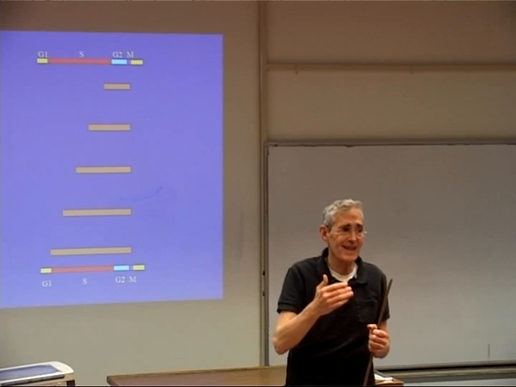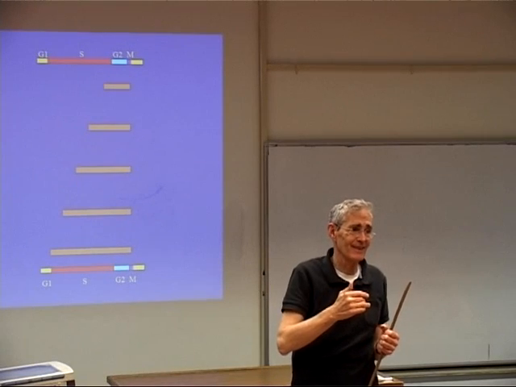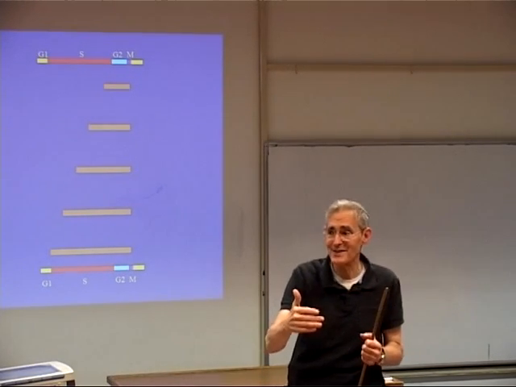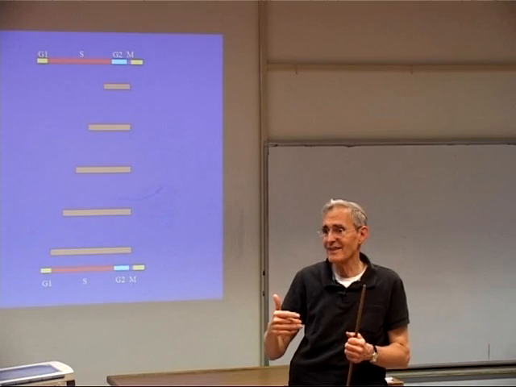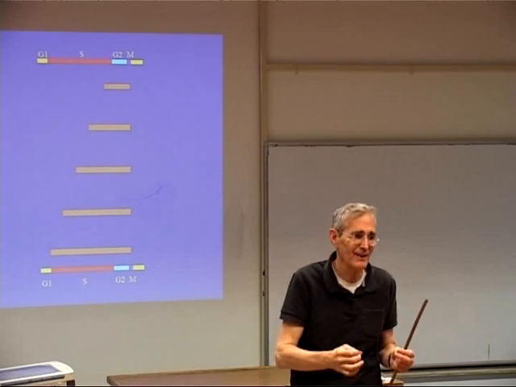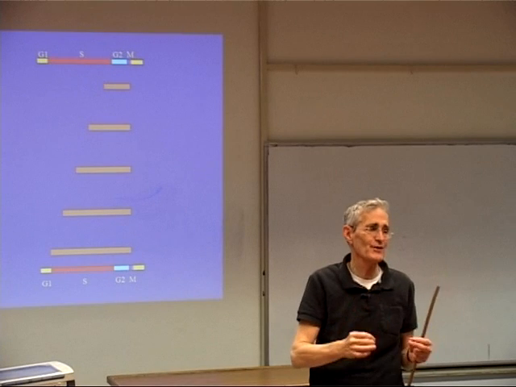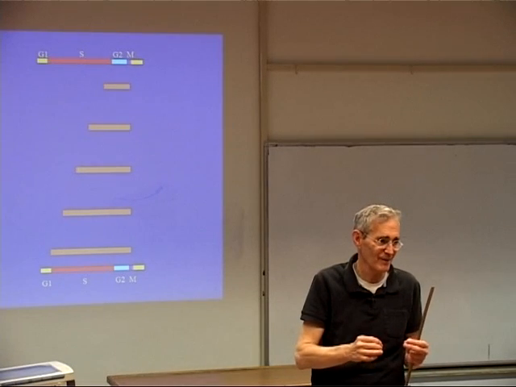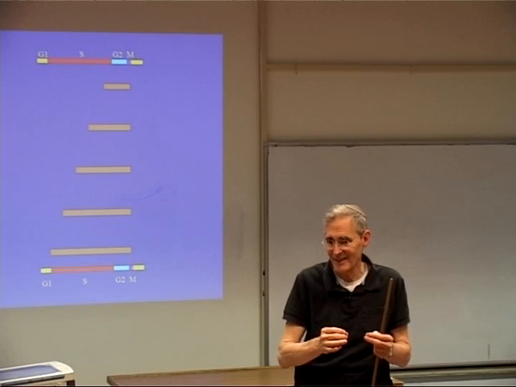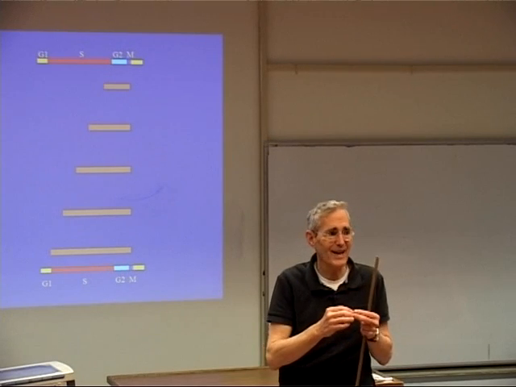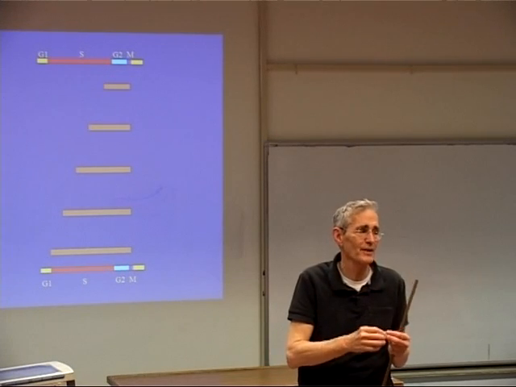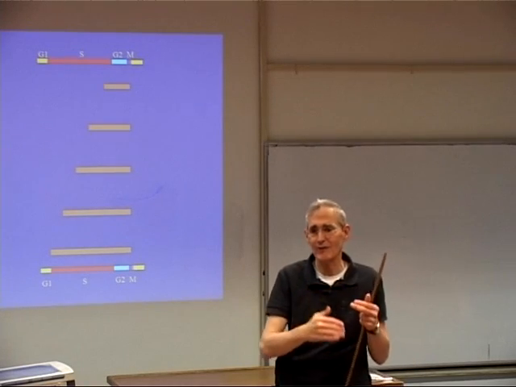What I want to try and sell you here, and it's going to be a sell, not easy, is that replication timing is another epigenetic mechanism like methylation. It's long-lasting, and it helps rebuild chromatin structure after replication.